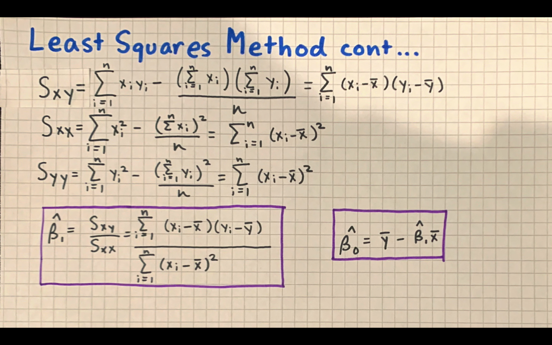As you can see, beta 1 hat is equal to SXY over SXX, where SXY is equal to the product of the differences between the actual and the expected values. And SXX is equal to the sum of the squares of the expected minus the actual values.